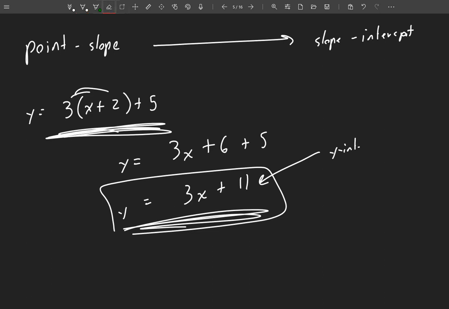Let's try another one. You do this one. Convert this point slope form into slope y-intercept. All right, first thing I'm going to do is distribute the negative 3. So I have negative 3 times x is negative 3x.